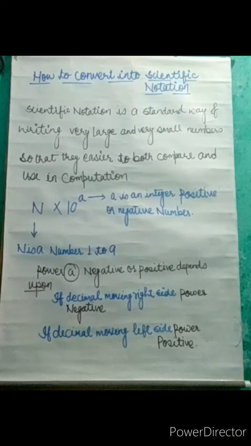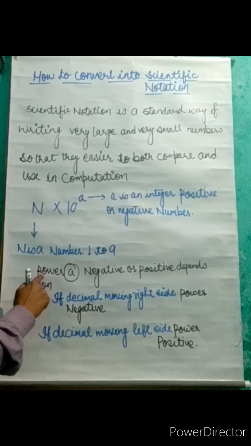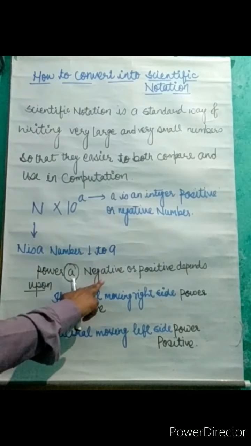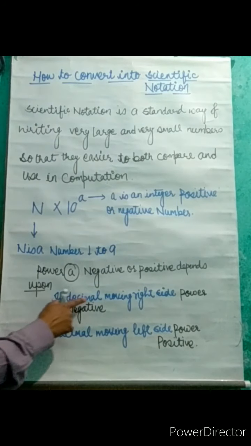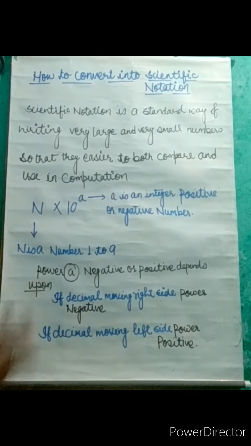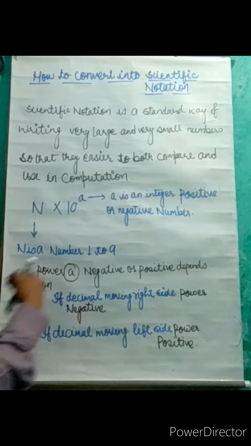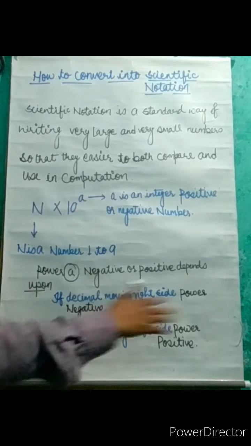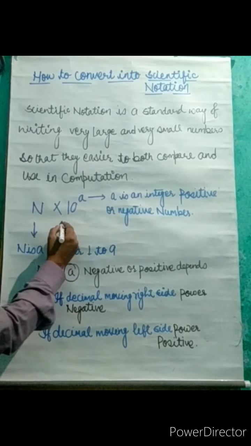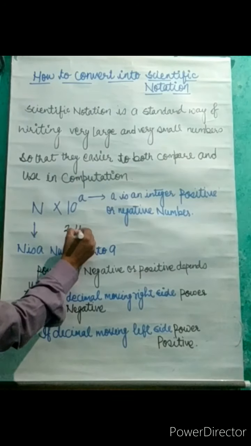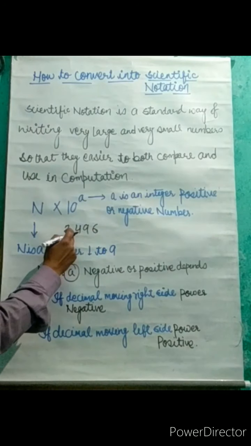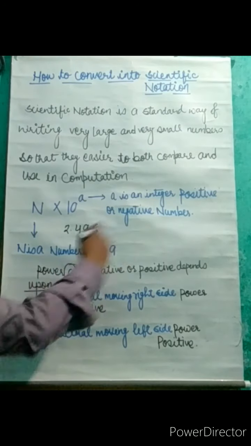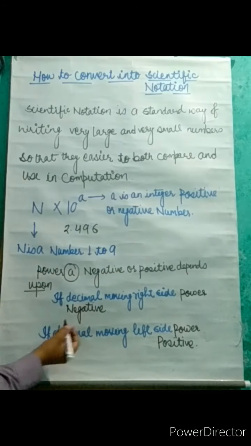Now power a being negative or positive depends on which way the decimal is moving. For example, 2.496. If you are shifting the decimal to the right side, the power will come negative.